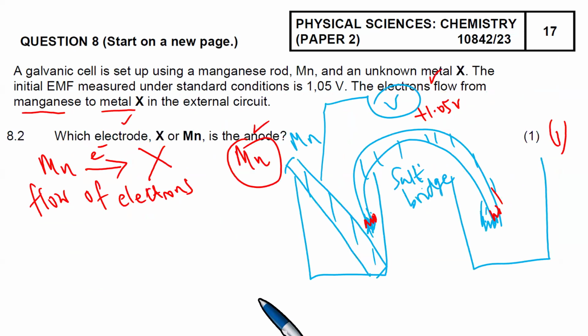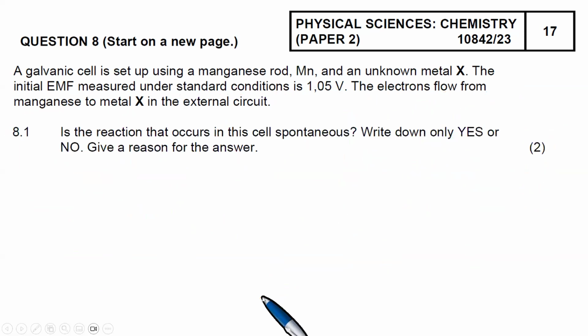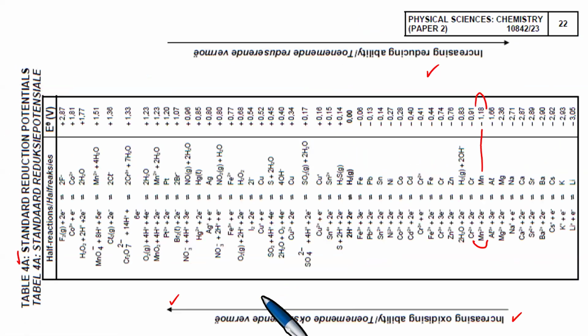Remember this number here, because it's minus 0.13. You need to look for minus 0.13 in the table. Where do we have minus 0.13 here? These are positive, positive, positive, so you don't check at the top here. Then you have the middle of the table, which is the hydrogen, 0 volts, and then minus 0.13.